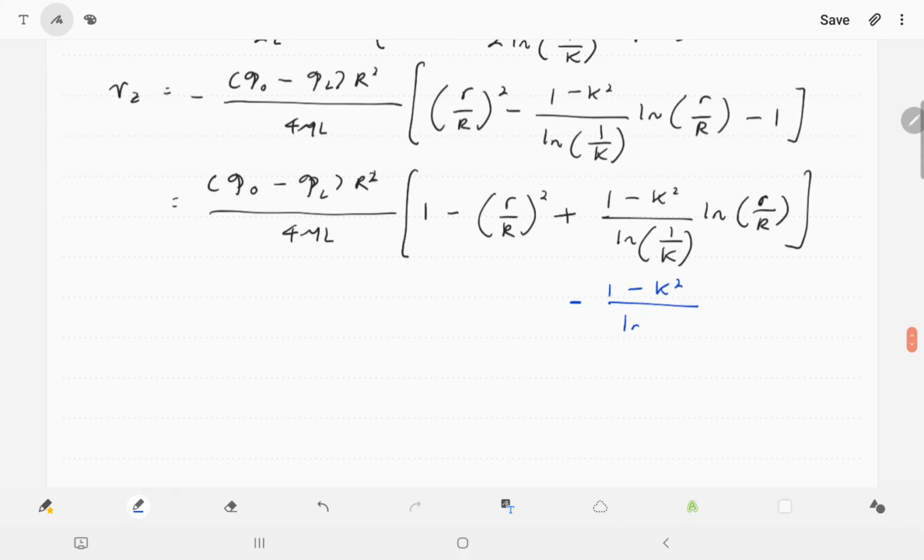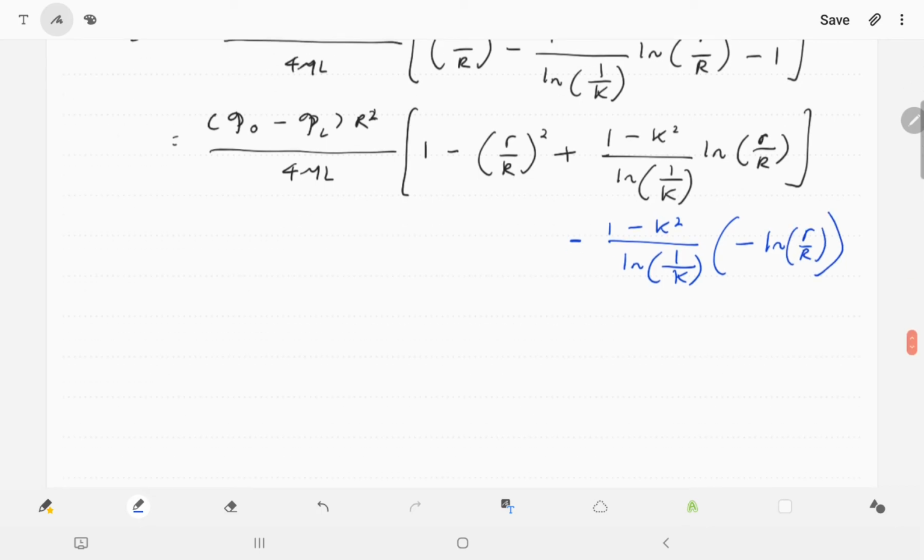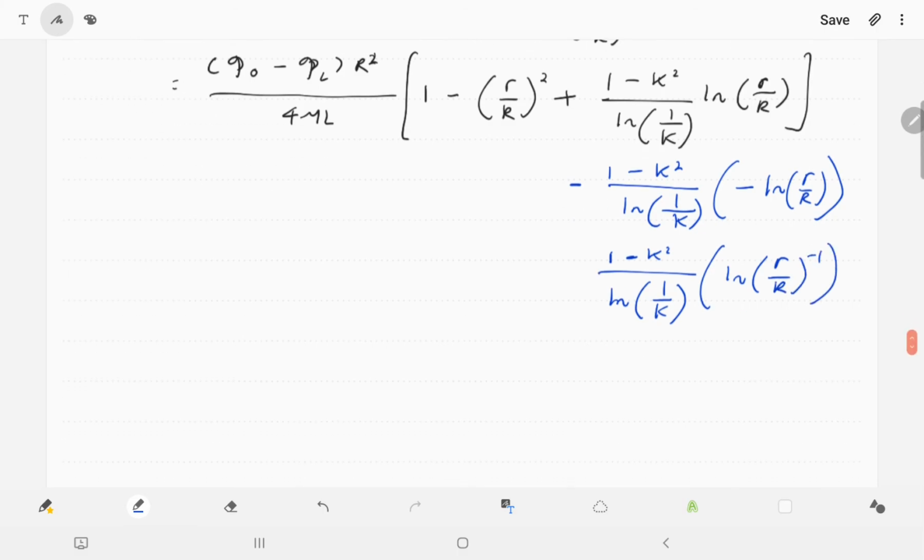The other part on the left hand side will remain as it is.